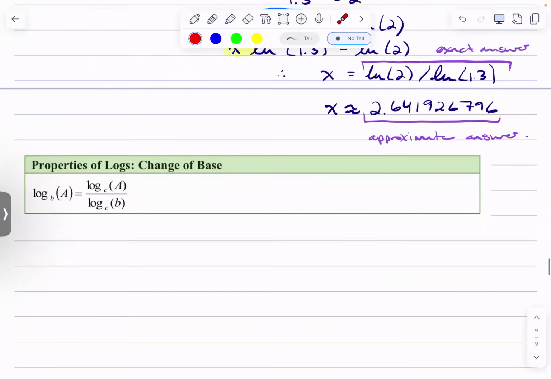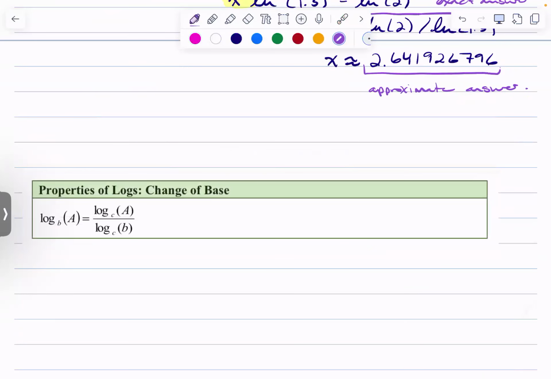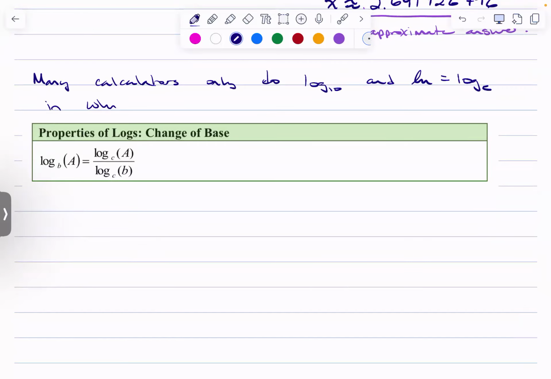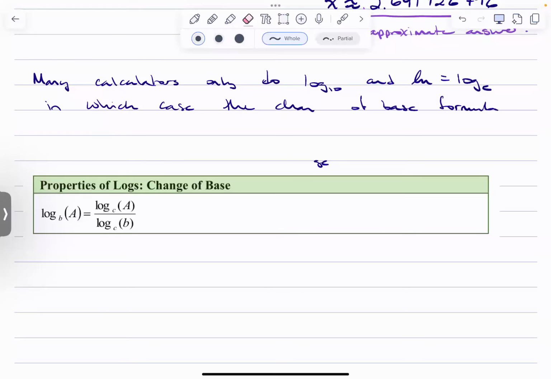And so, as I mentioned, many calculators only do log base 10 and ln, which is log base e, in which case the change of base formula might be helpful.